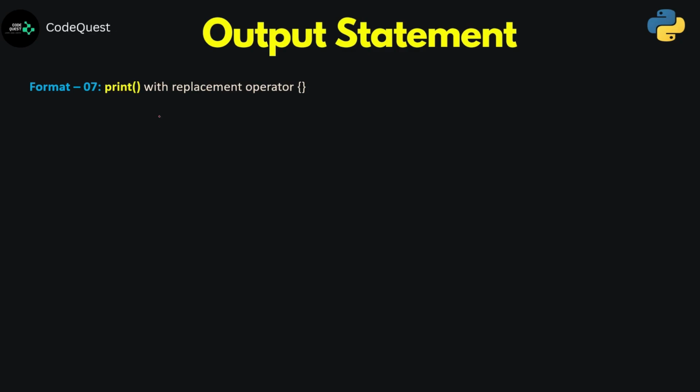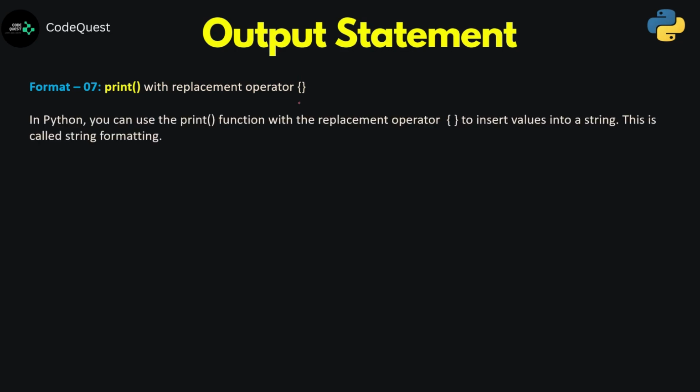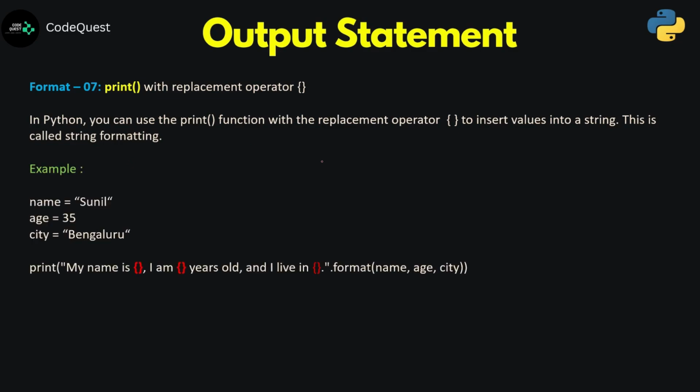So the next format of print is using the replacement operator, which is nothing but the pair of curly braces. We can use the print function with a replacement operator so that we can insert some values into the string. This is otherwise called string formatting. While we do this, we will make use of the format function. You can see here what we have done. We have taken three variables, let's say name, age, and city.